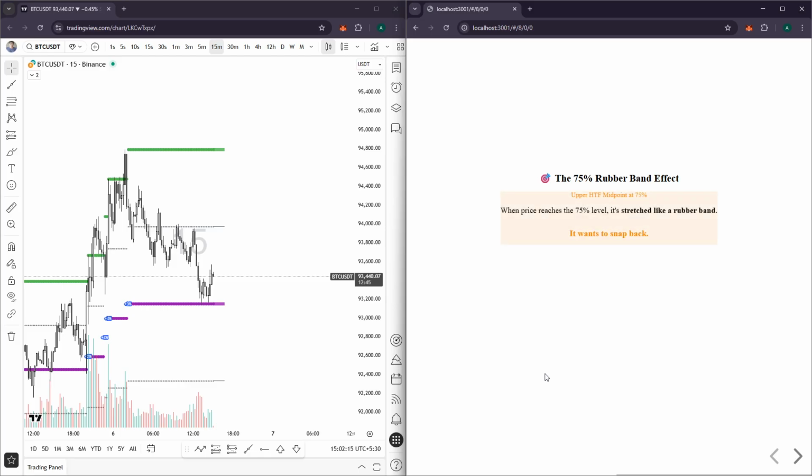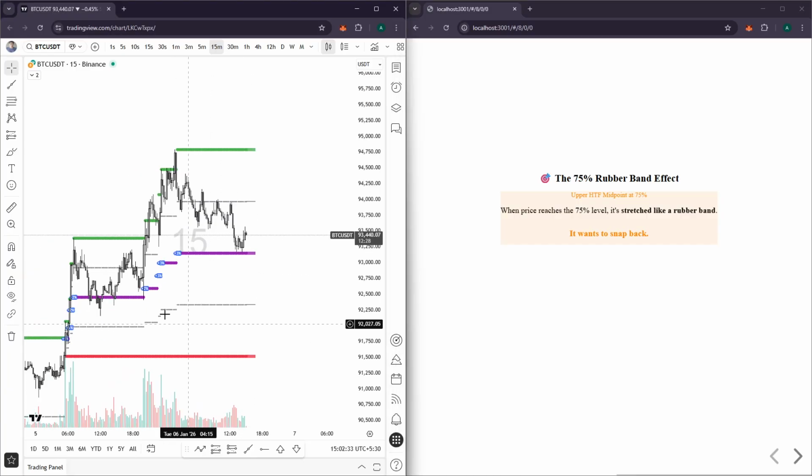Now let's talk about the 75% rubber band effect, which is this 75% level or upper midpoint. When price reaches the 75% level, it stretches like a rubber band, and it wants to snap back. So see, as it reaches the 75% level, it tries to snap back.